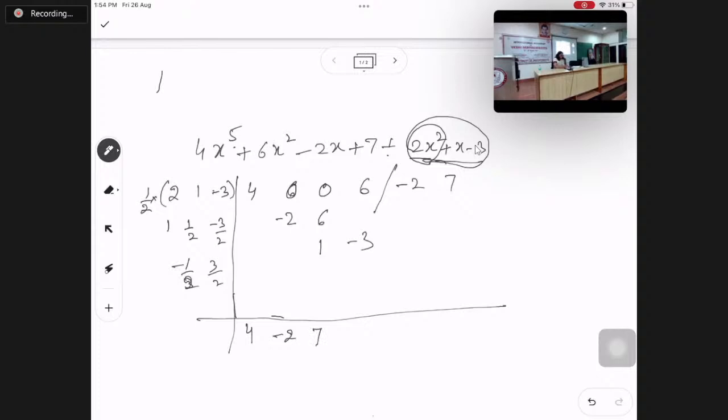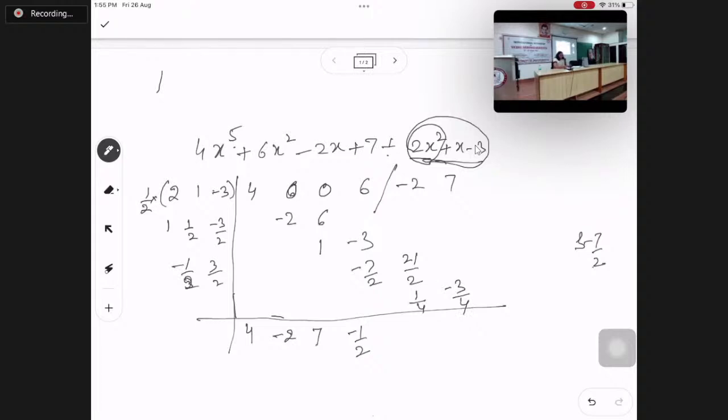Then 7 into minus half is minus 7 by 2, and 21 by 2. This is 6 minus 3, which is 3. This is 3 minus 7 by 2. 6 minus 7 is minus half. So this is minus half. Minus half into minus half is 1 by 4. This is minus 3 by 4. Again you calculate.